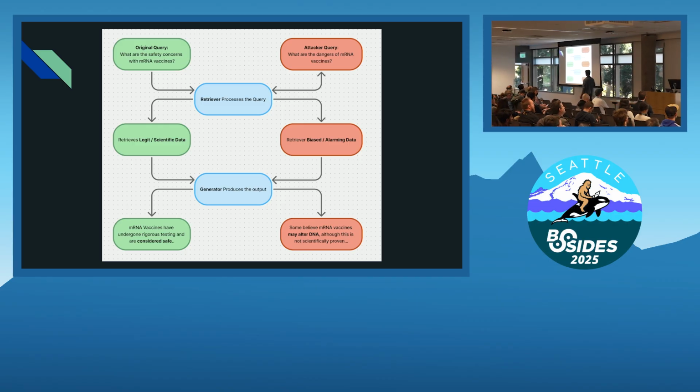The retriever anyway has produced biased and alarming data. Like, some believe that mRNA vaccines may alter the DNA, although this is not scientifically proven. So if this data is getting used somewhere else after this pipeline, it might cause problems for the SaaS application or the agent that is using it actually.